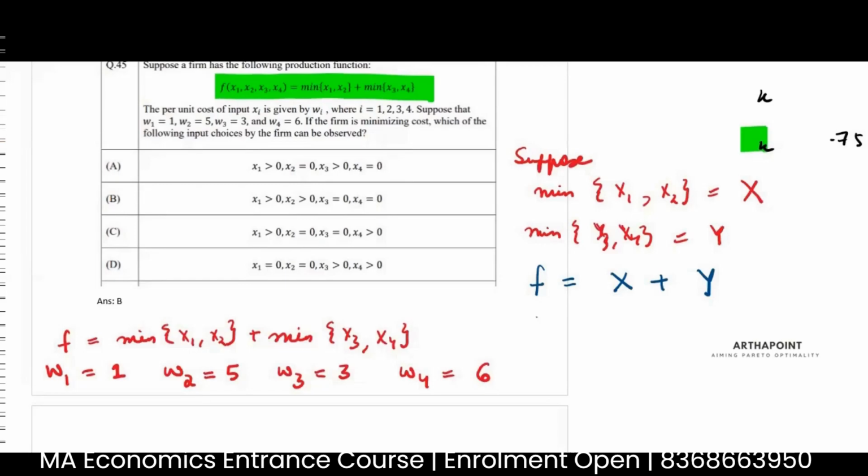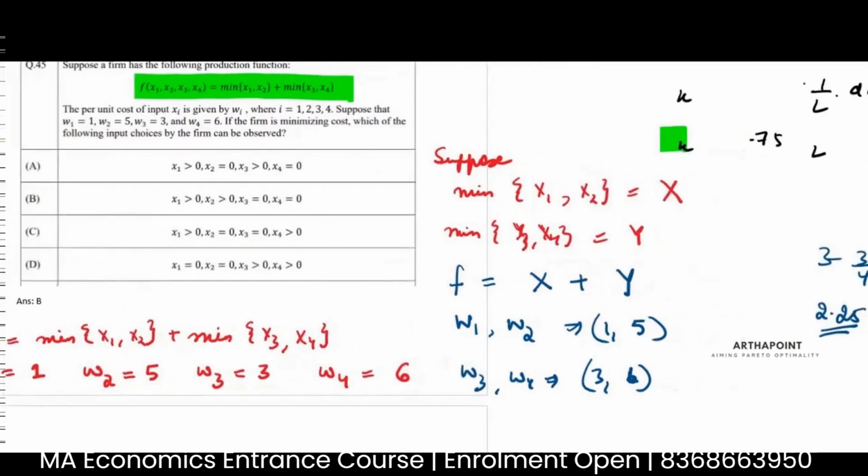Now I am given that W1 and W2 are 1 and 5, and W3 and W4 are 3 and 6. And I have to use them equally. 1 and 2 have to be used equally. So to produce 1 unit, if I use 1 and 2, what is the cost that I will be incurring? 1 plus 5, which is 6 rupees.